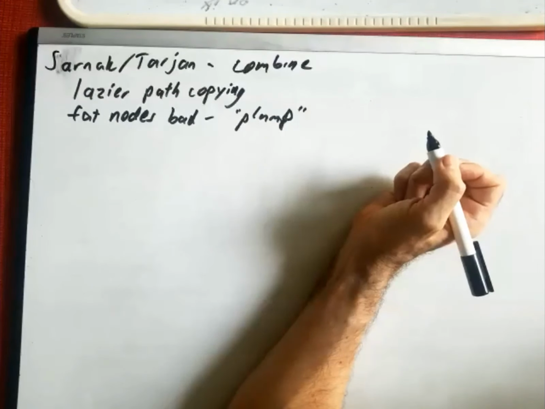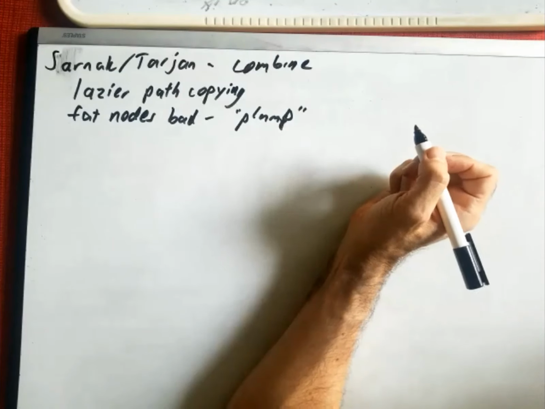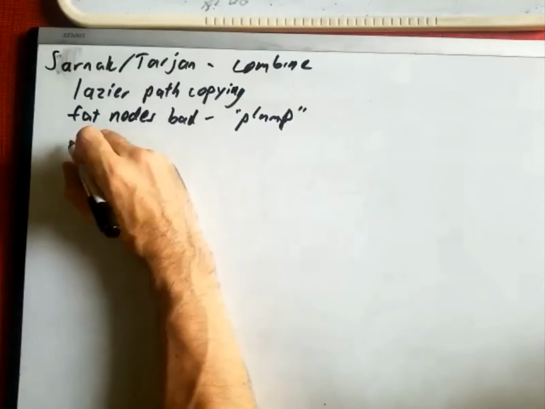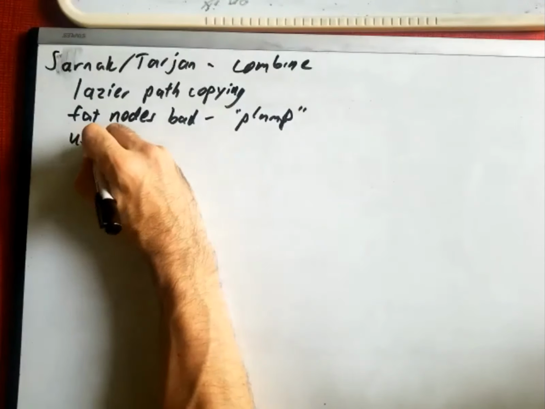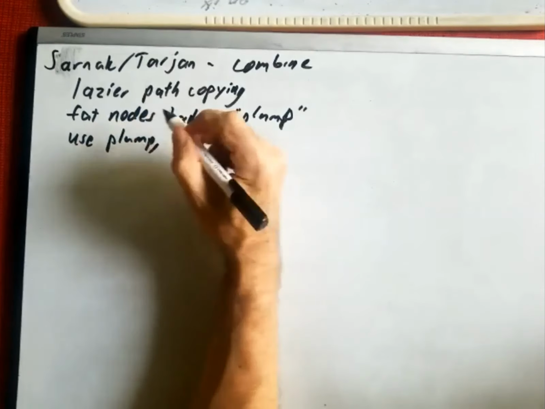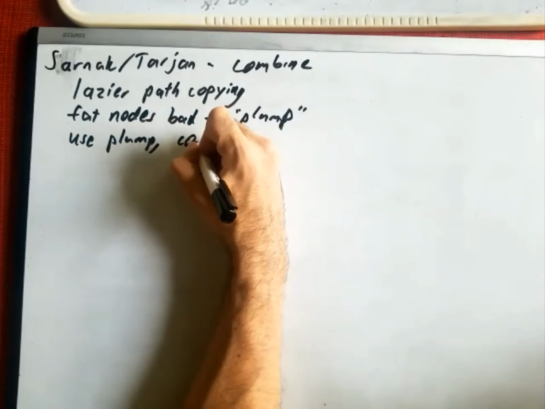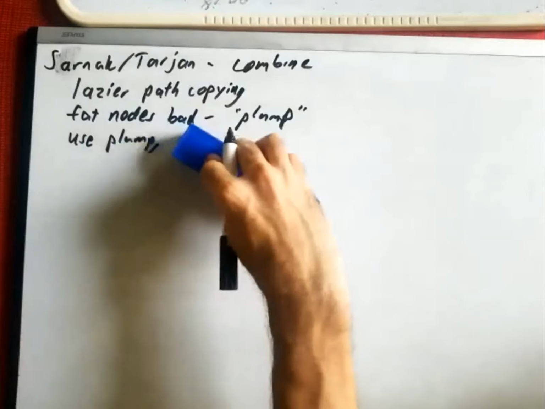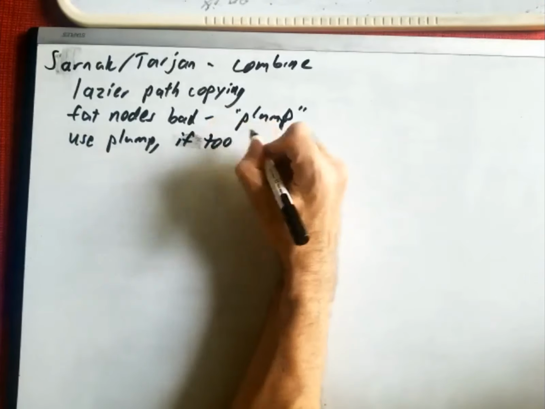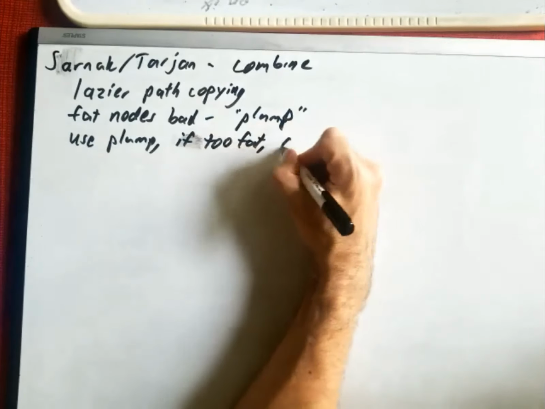Most Americans fall in that category anyway. Their idea is to use plump nodes. And then if they get too fat, then switch to copying.